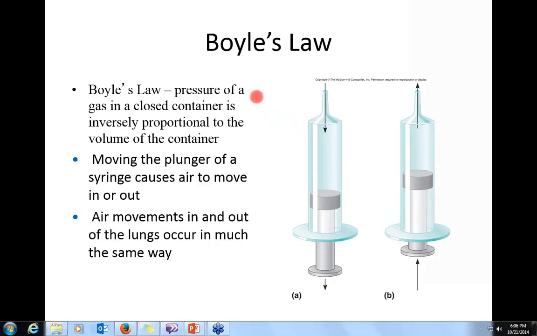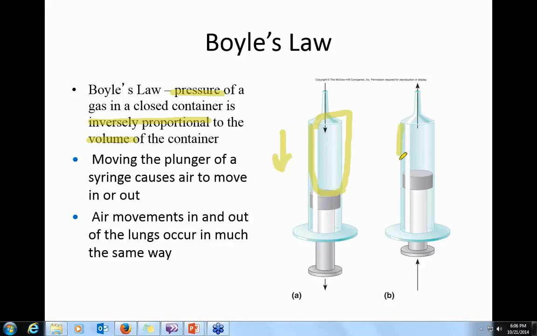So basically what Boyle's law says is that pressure is inversely proportional to volume. So the larger the container, the lower the pressure.